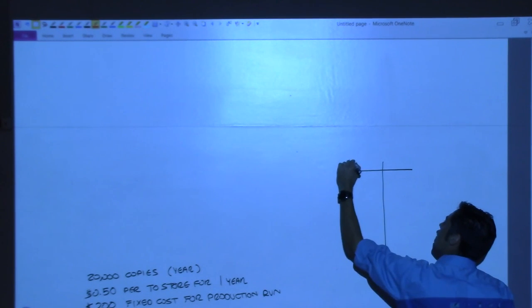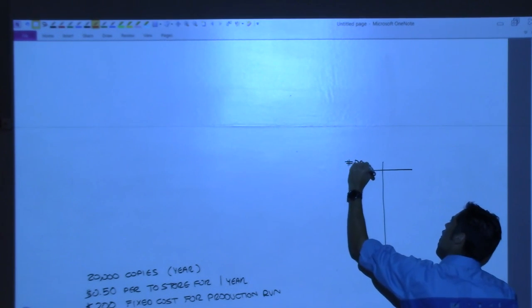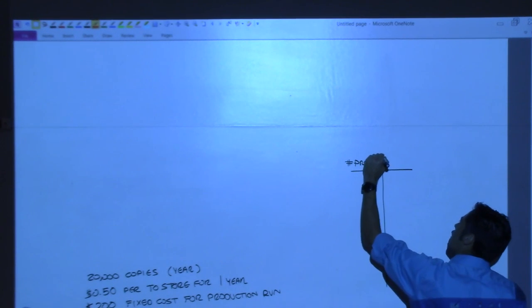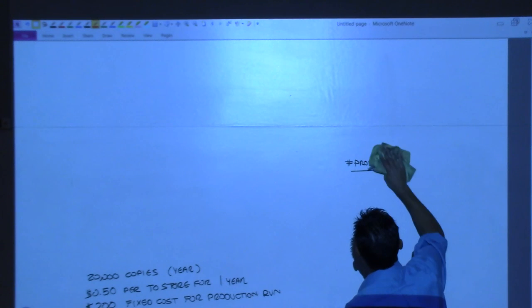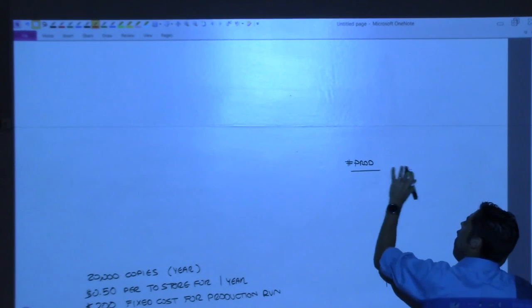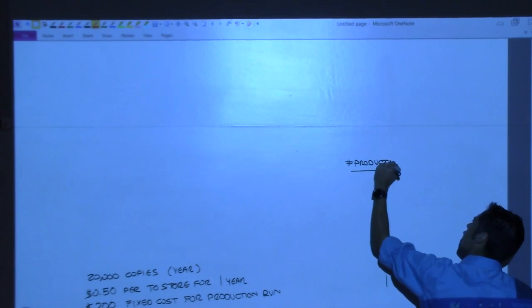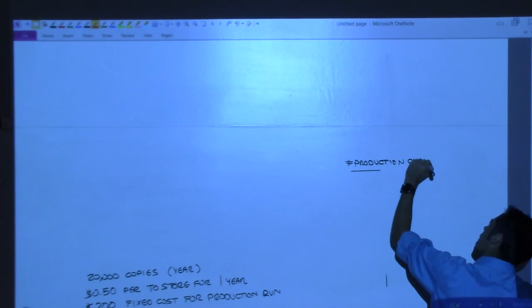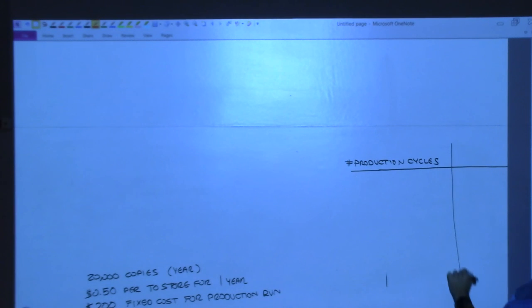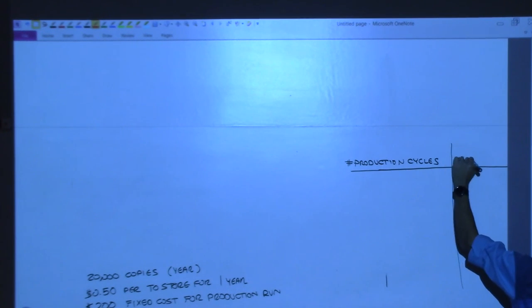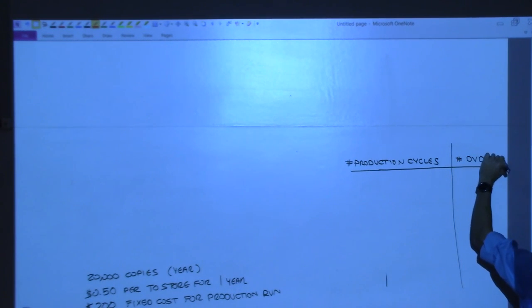Let's let this be the number of production cycles, and this over here be the number of DVDs made.